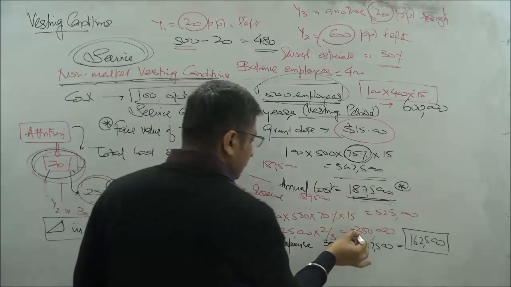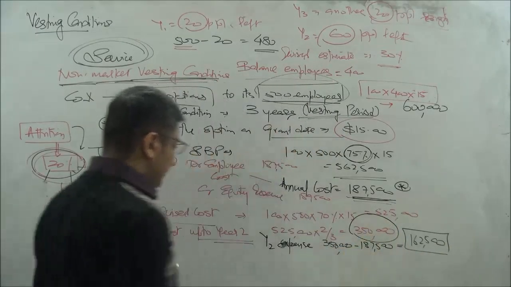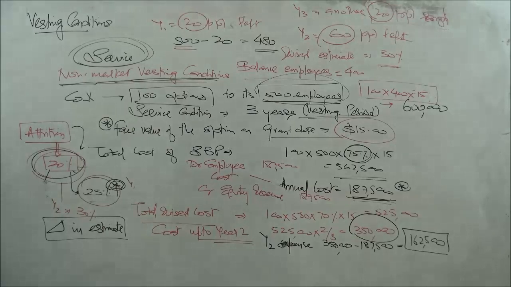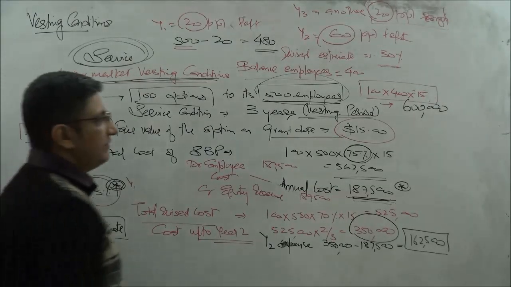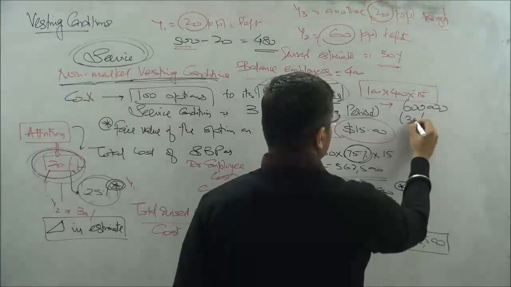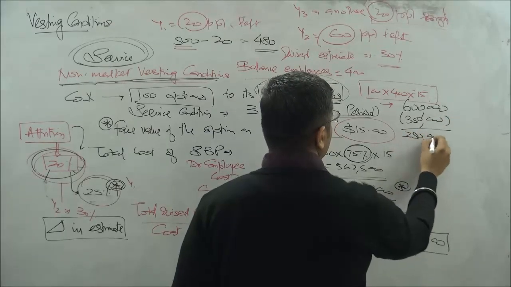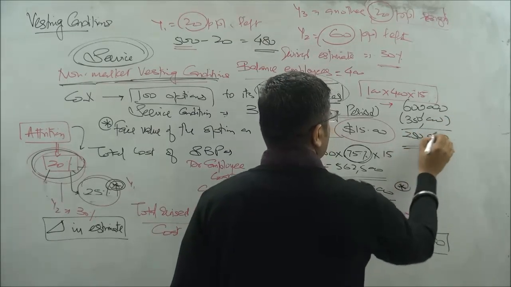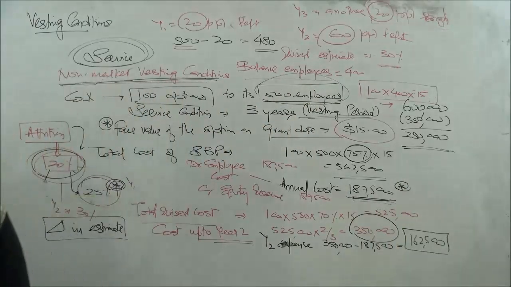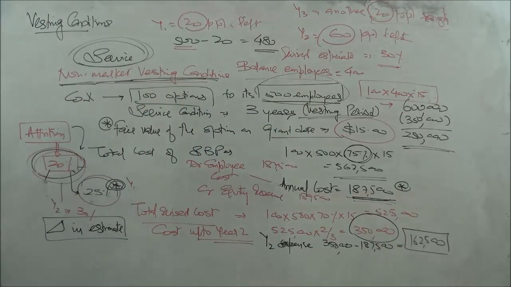Out of those 3 years, 350,000 out of the 600,000 is already charged, which means that my year 3 cost comes at 250,000 here. Is that okay? Right?